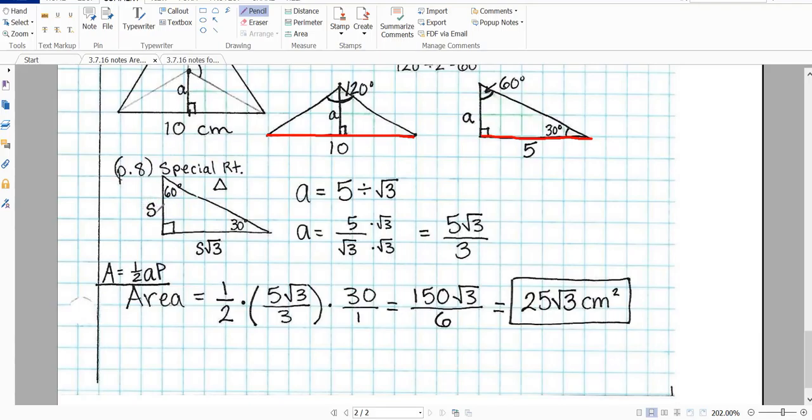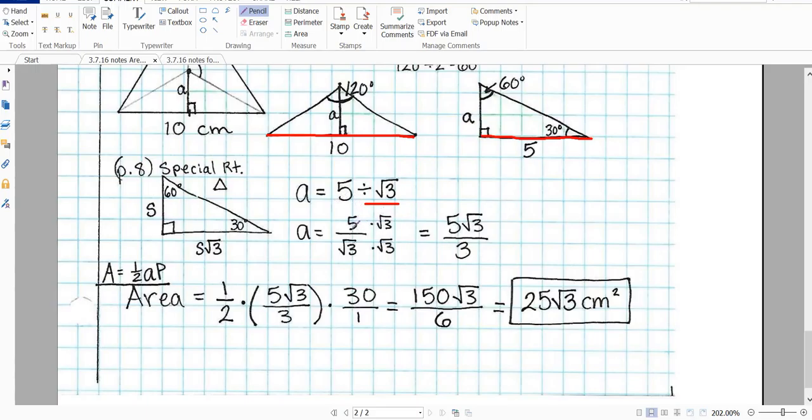Okay, so here's our short side, remember? And then our long side equals the short side times rad 3. Well, this time we know the long side, so working backwards, instead of timesing it by rad 3, we have to divide by rad 3.